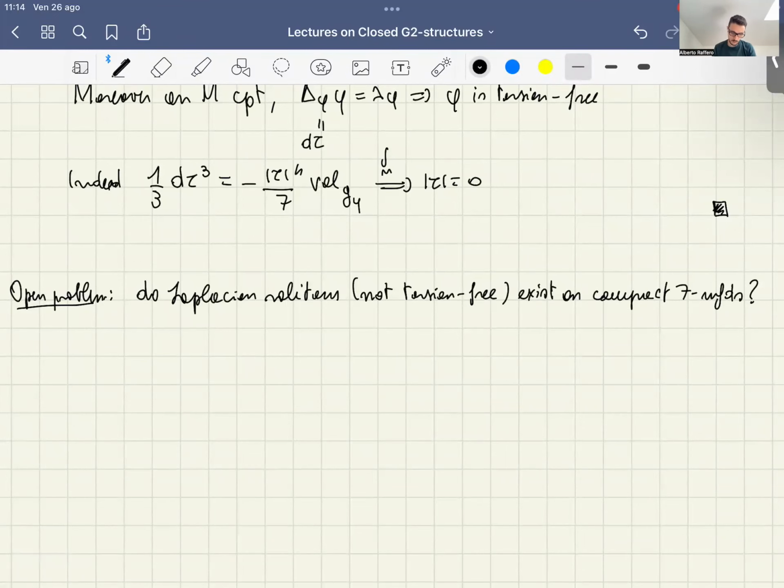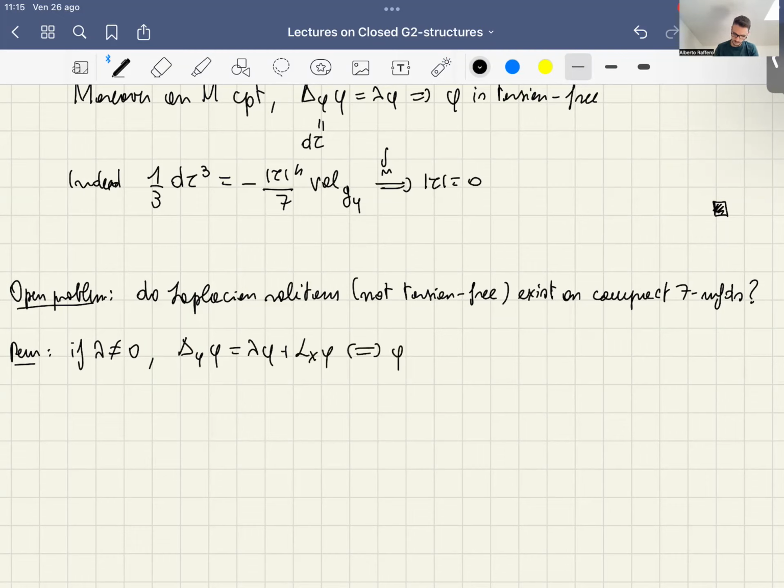Okay, so we do not know whether there are compact examples, which of course must be expanding. And let me remark here that if lambda is different from 0, then the Laplacian soliton equation can be rewritten as follows.